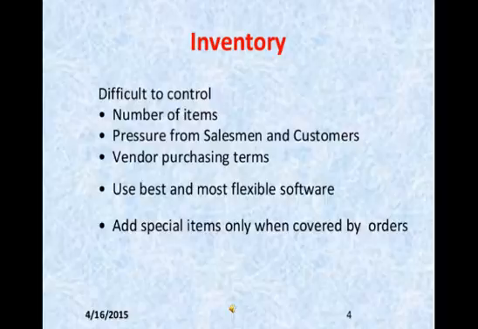When you look at it as a total number on the balance sheet, it may look okay, but when you drill down and start to look at each individual item, all of those little items can add up to a very significant part. You also are always under pressure from the salesman and the customers themselves to add items that you otherwise might prefer not to stock. And sometimes vendor purchasing terms can dictate to some extent what you have to order and when.